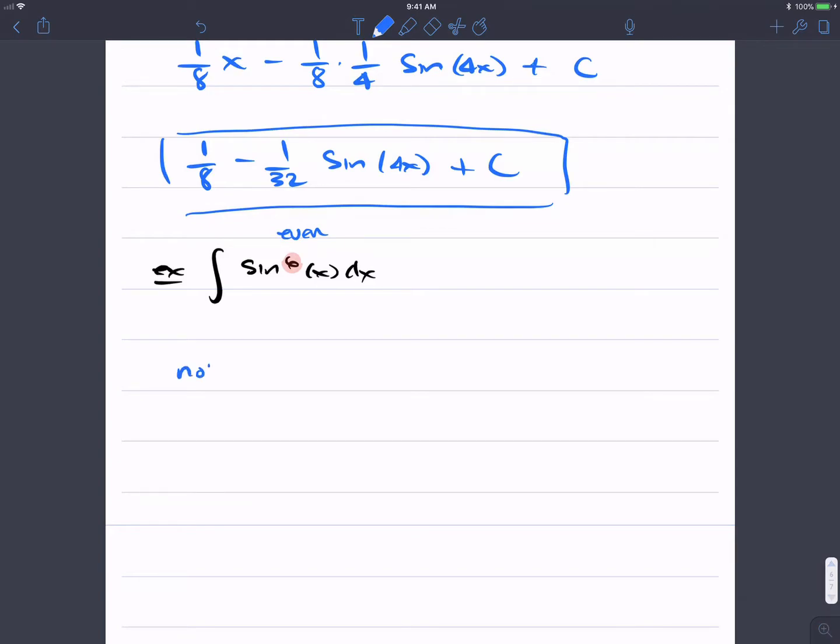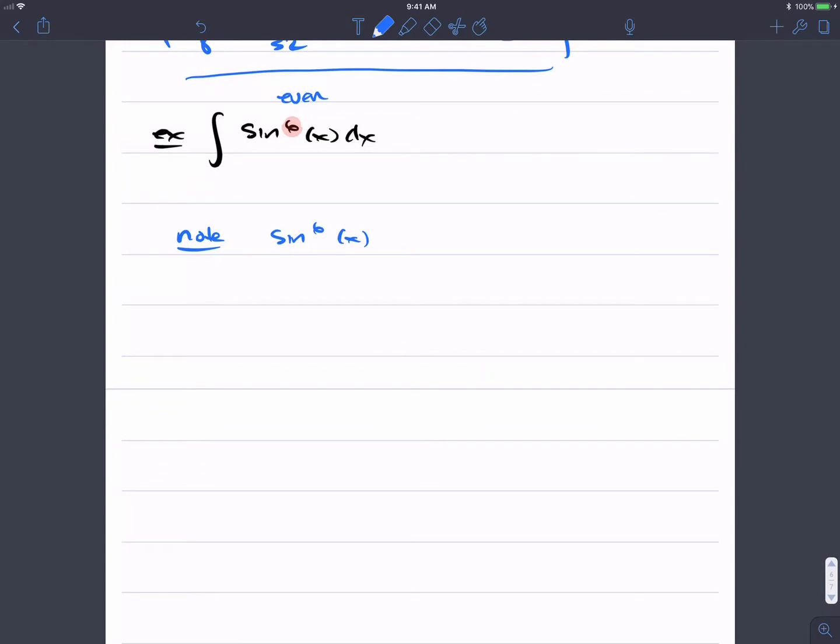So back from trig, I know I give my students examples of sine to the 6th, cosine to the 6th, and you're going to see the next sort of variation of this idea. We're going to use again the same half-angle identities, but we're going to have to write sine to the 6th first as 3 sine squareds.